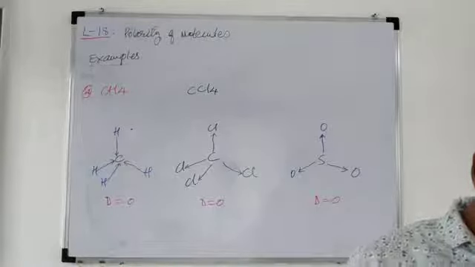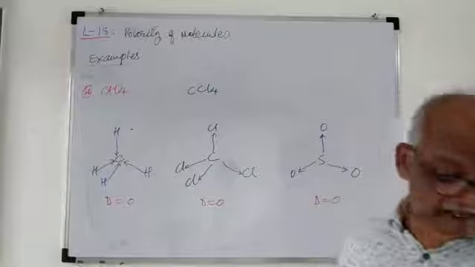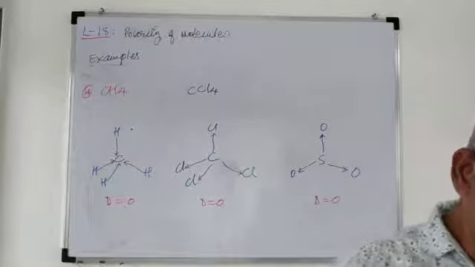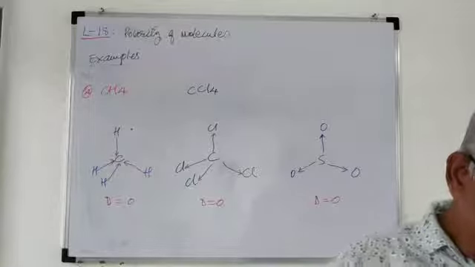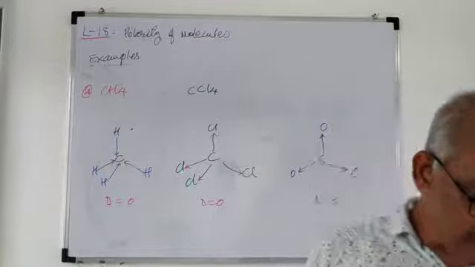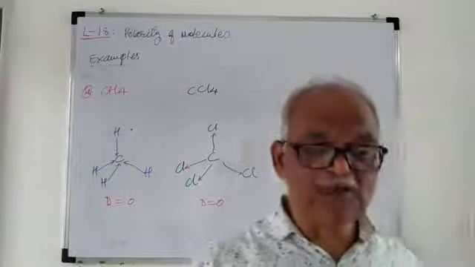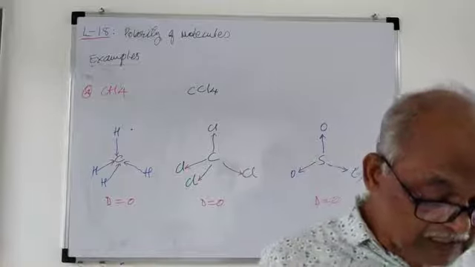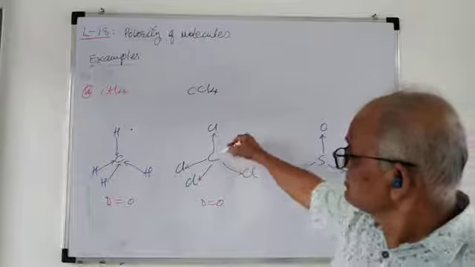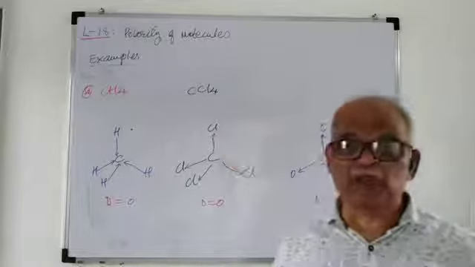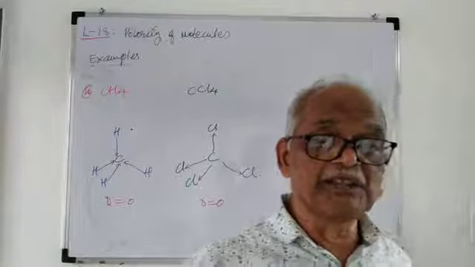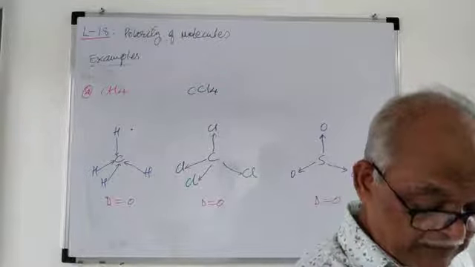So the individual dipoles of these bonds are cancelling each other. Such non-polar molecules have attractive forces equal all over the molecule in different directions, and therefore there is no net dipole moment of the molecule.